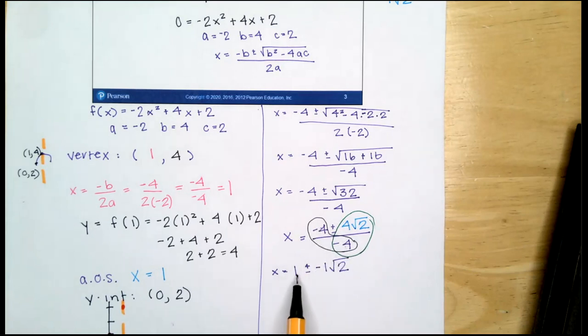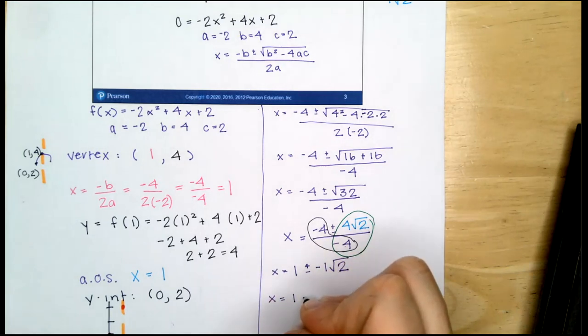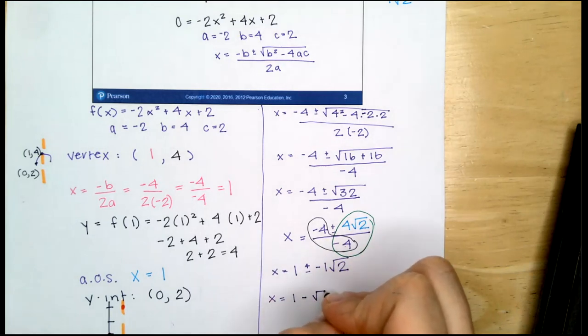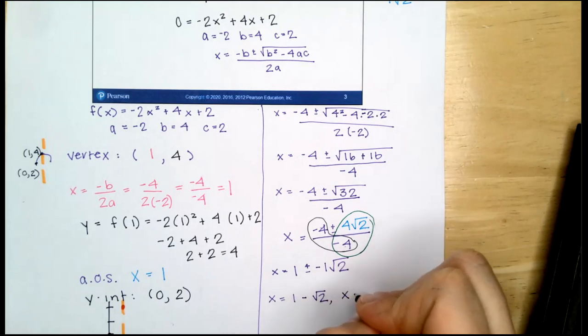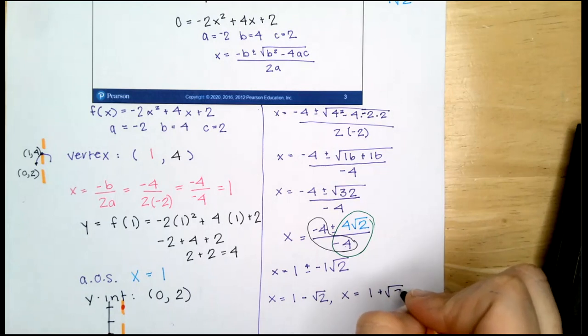Okay, so that simplified to that one, this simplified to this one. It's a negative, but it doesn't really matter because we're going to take the positive and the negative of it. So we're going to say x is 1 minus square root of 2 and x is 1 plus square root of 2.